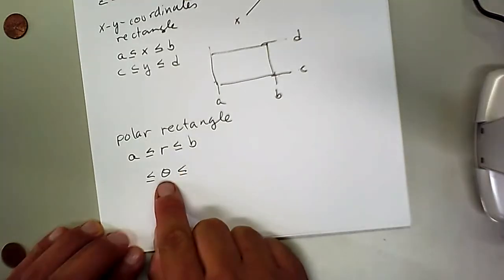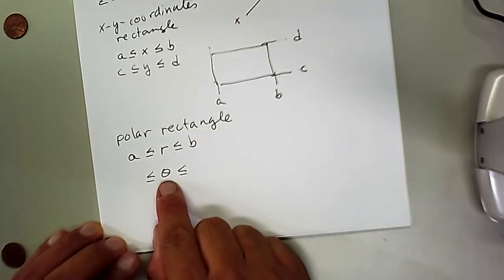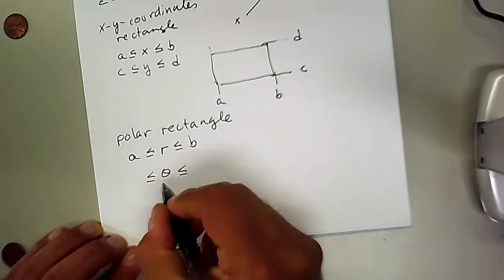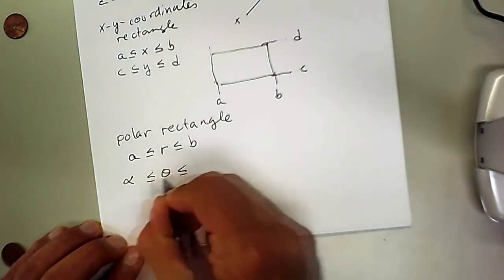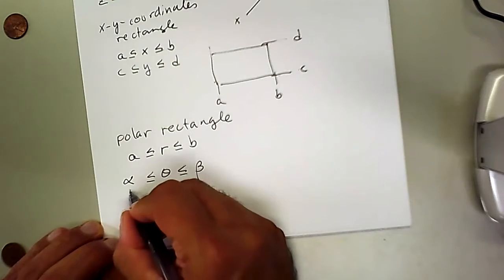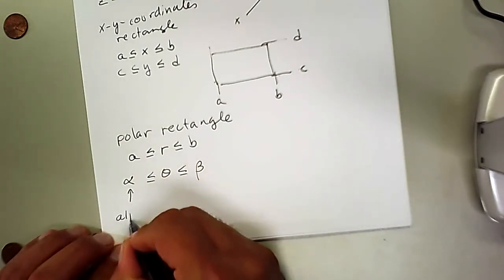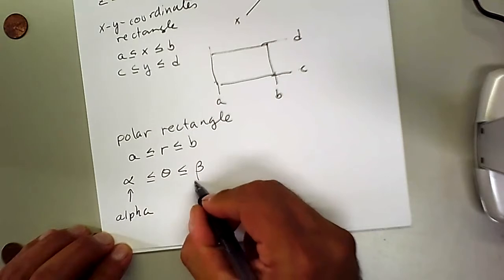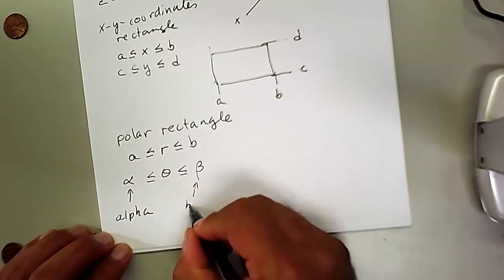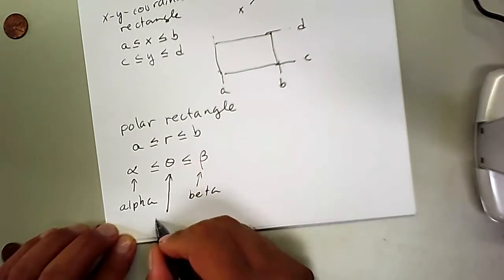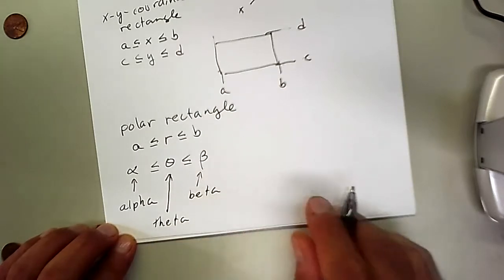Now, since theta is a Greek letter, I'm going to use Greek letters also for the boundaries of theta. I'm going to use alpha and beta. So these are lowercase Greek letters, alpha and beta.